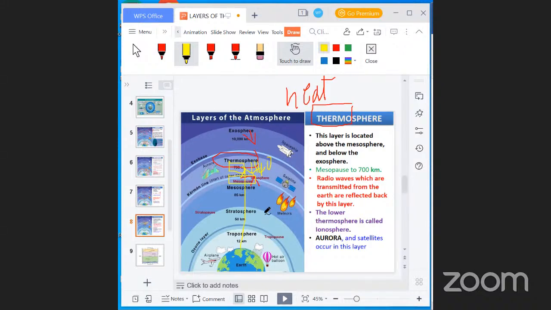Only the lightest gases, mostly oxygen, helium, and hydrogen, are found in this layer, right?